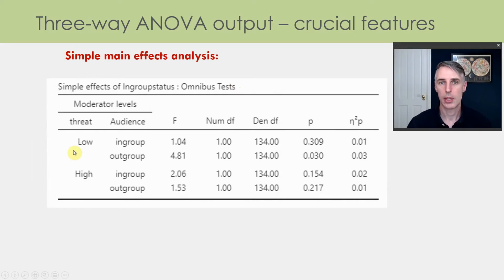So here is the breakdown of the effect of status. This is the effect of status broken down at each combination of audience and of threat. So this is the effect of status in the in-group audience condition, in the low threat condition, for example.